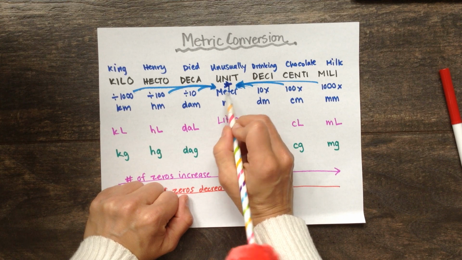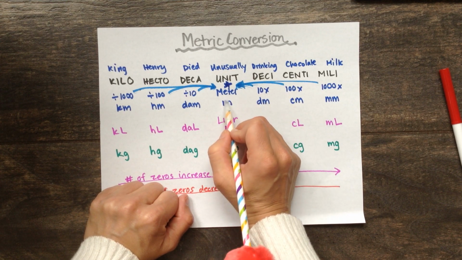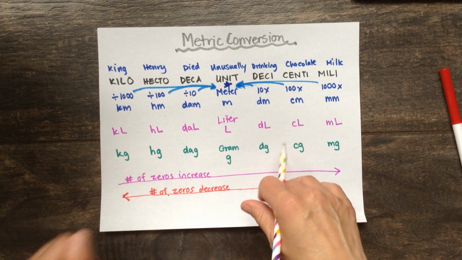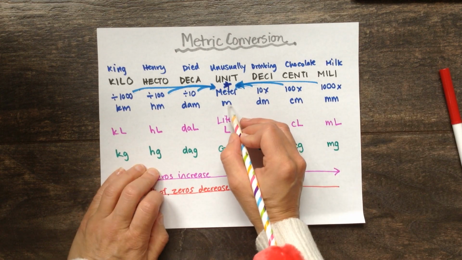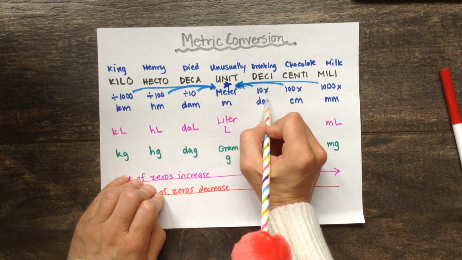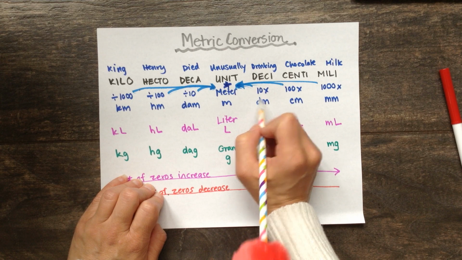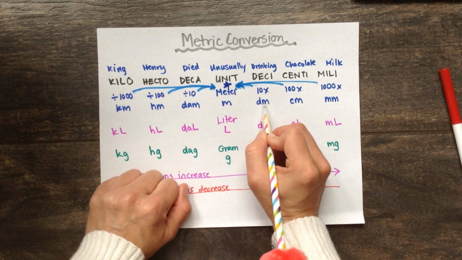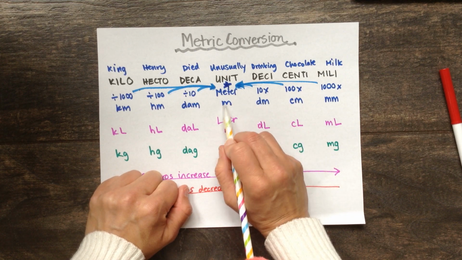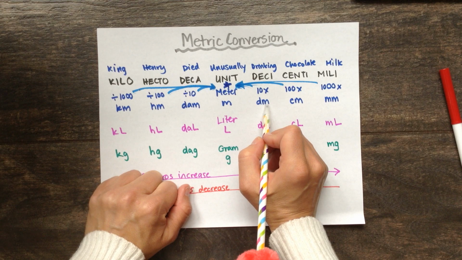So for that reason, I would multiply by 10 to get decimeters. For instance, 2 meters times 10 is 20 decimeters. 4 meters times 10 is 40 decimeters, okay?